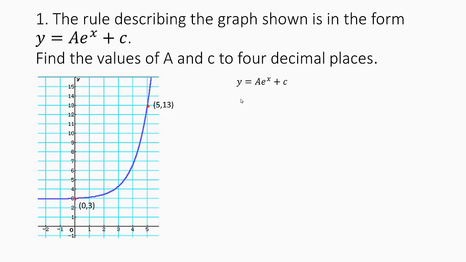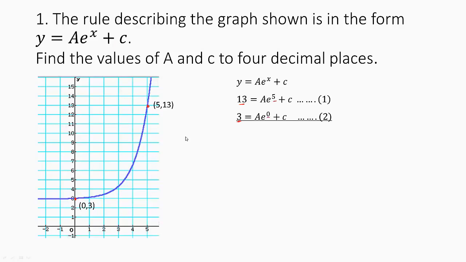Looking at our equation, we can use those points to substitute into the equation. Substituting x equals 5, y equals 13 gives me my first equation. I'll do the same thing with the other point. When x equals 0, y equals 3, and that gives me 2 equations with 2 unknowns.